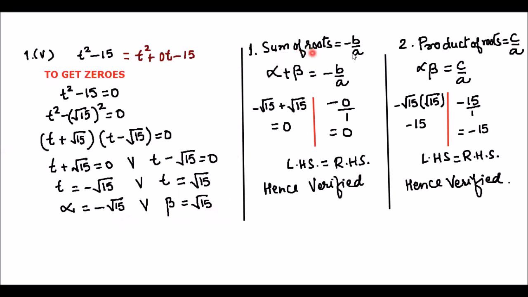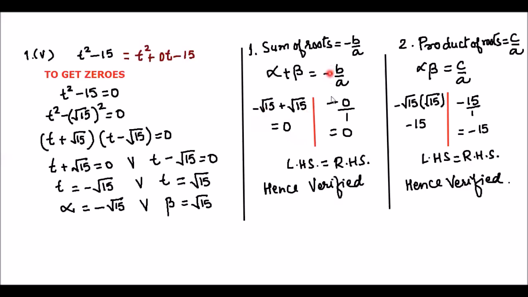Sum of roots is equal to minus b by a. Alpha plus beta is equal to minus b by a. Put the value of alpha and beta in left hand side and b and a in right hand side, and then verify whether you are getting the same result from both the sides. So alpha is minus square root 15, beta is plus square root 15. When you add, you will get 0.